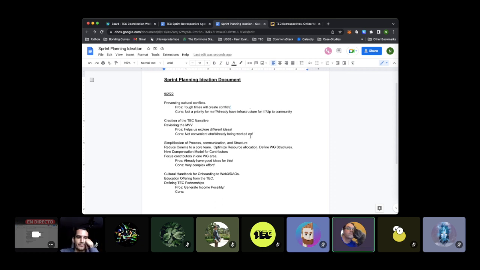So I would want to reframe preventing cultural conflicts to ritualizing cultural conflicts, specifically using liberating structures. I would want to train all of the people who want to be stewards, because we were talking about revisiting the idea of stewardship to be more like facilitators.